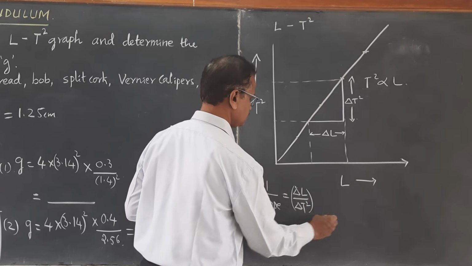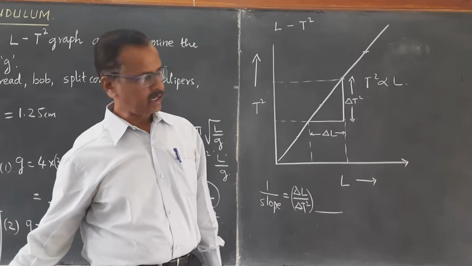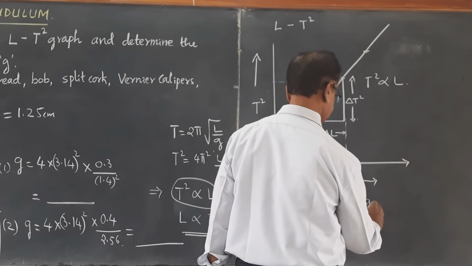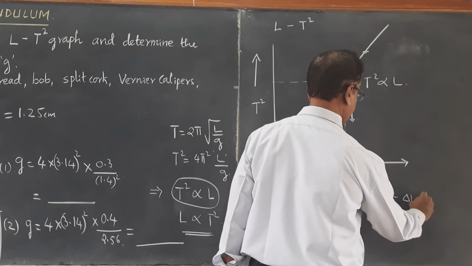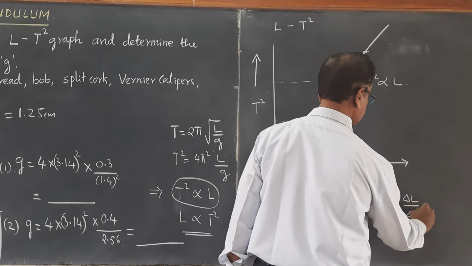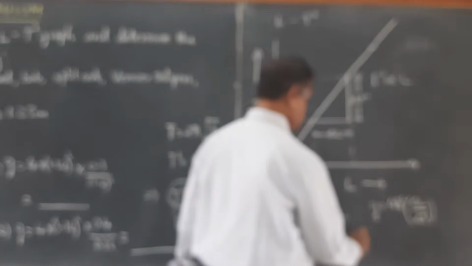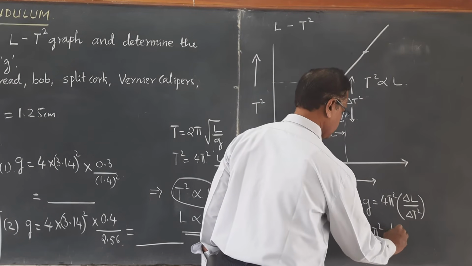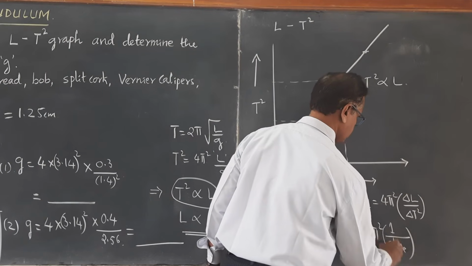So using this value also one can calculate the acceleration due to gravity: g equals 4 pi square into delta L by delta t square, where delta L by delta t square is the inverse of the slope.